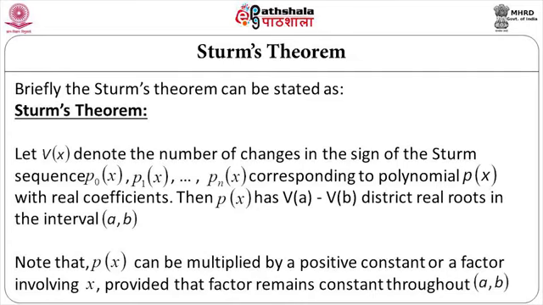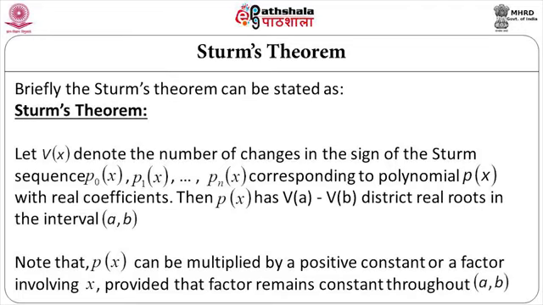Here we will work with the Sturm sequence, which is given by p 0, p 1, p 2, up to p n, which are nothing but the remainders obtained by division. So, V x is the number of changes in sign of the Sturm sequence p 0, p 1, up to p n corresponding to the polynomial p x with real coefficients. Then p x has exactly V a minus V b distinct real roots in the interval a b. So, Sturm's theorem also tells us about the real roots which lie in an interval a b.